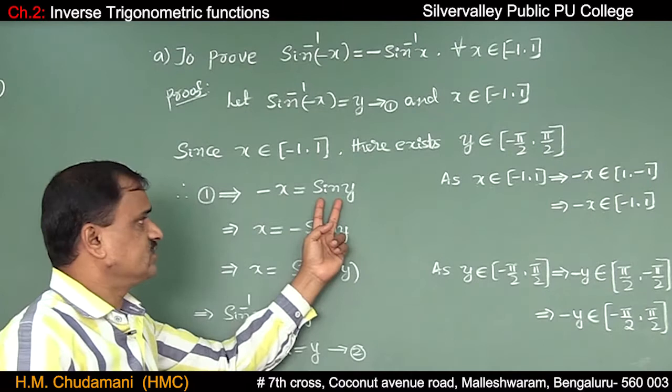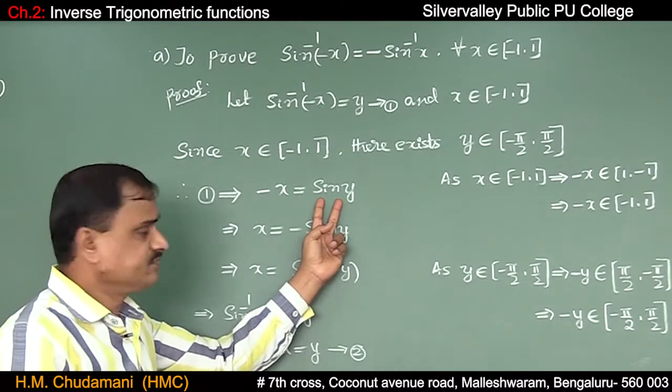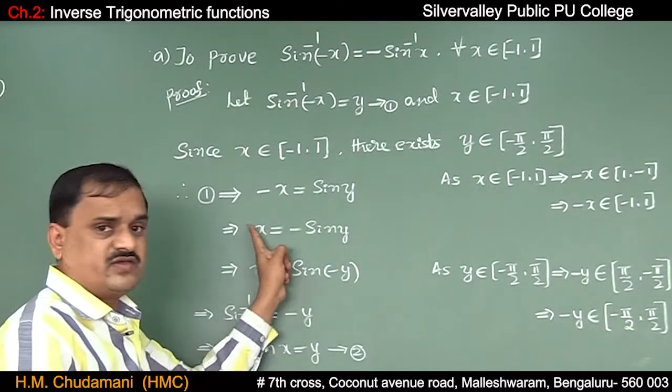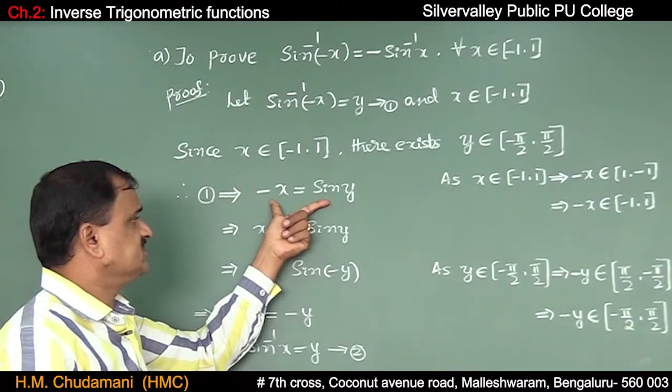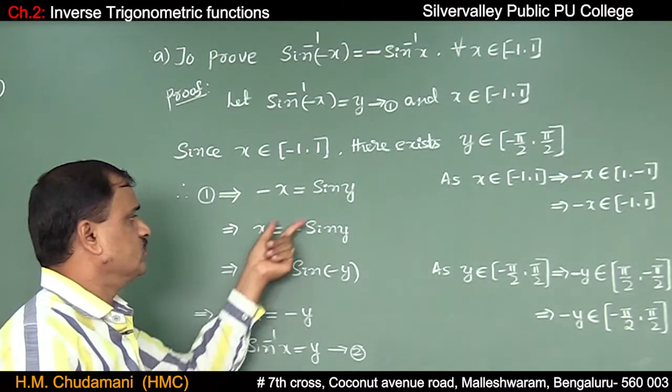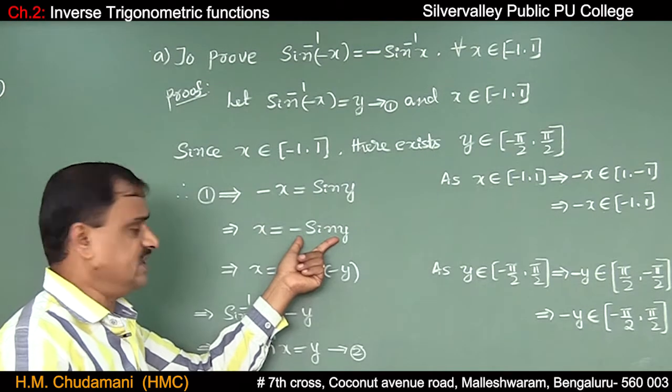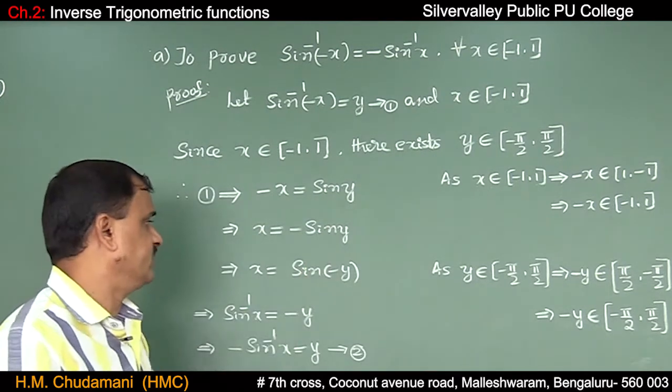So minus x equals sin of y. Now multiply with minus sign throughout the expression. So x is equal to minus sin y.